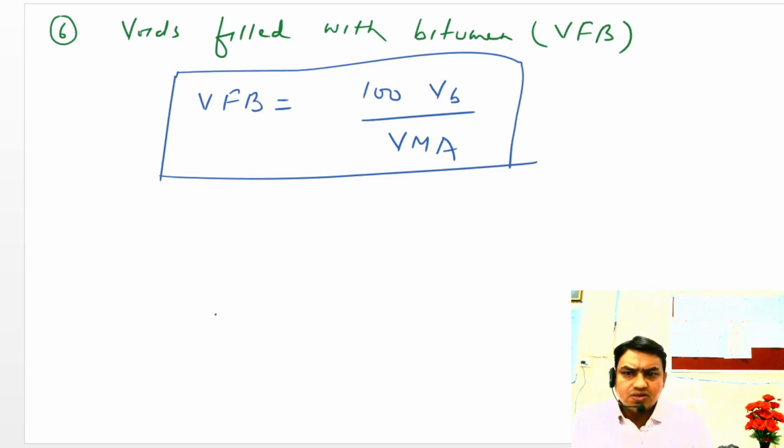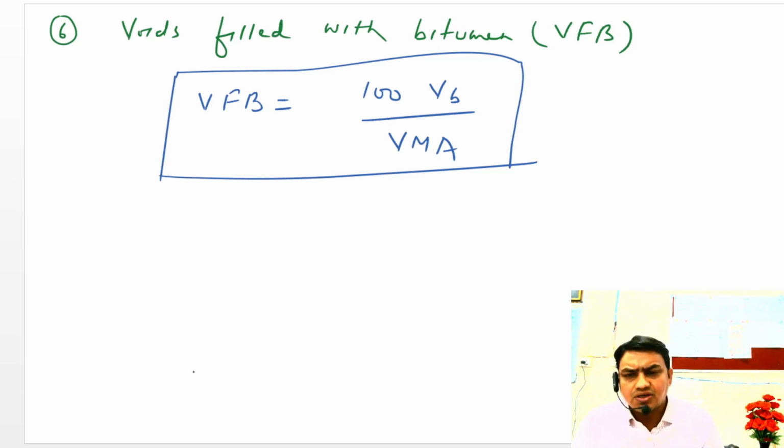With the help of these terms, different Marshall charts are drawn, like percentage bitumen content on the x-axis and Marshall stability value on the y-axis, percentage bitumen content on the x-axis and flow value on the y-axis. Similarly, unit weight on the y-axis and bitumen content on the x-axis, and voids mineral aggregate, percentage air voids.